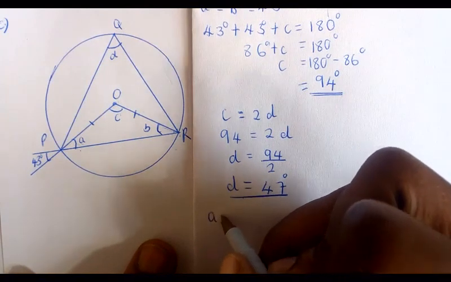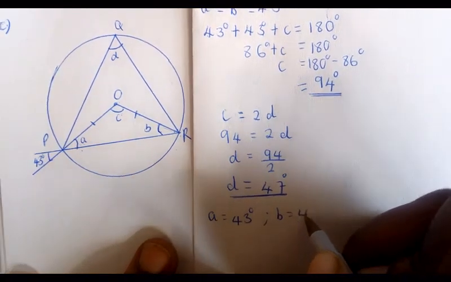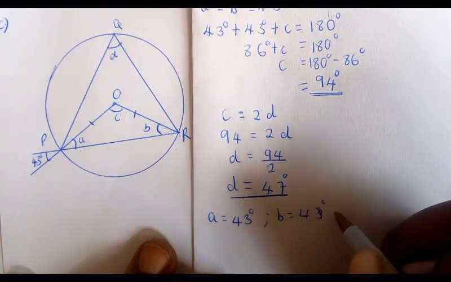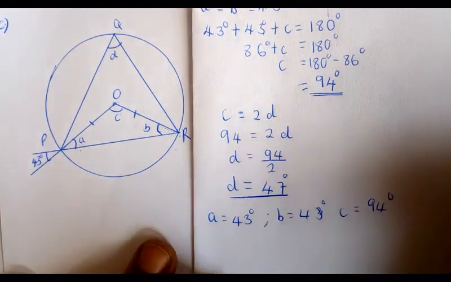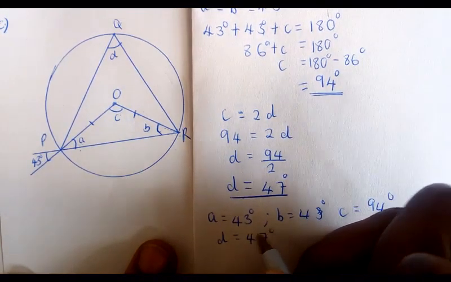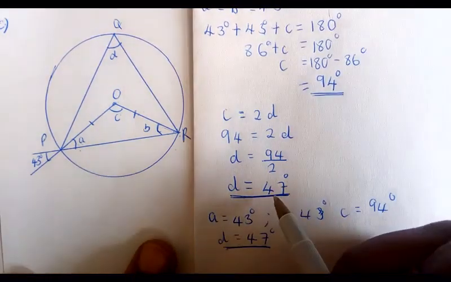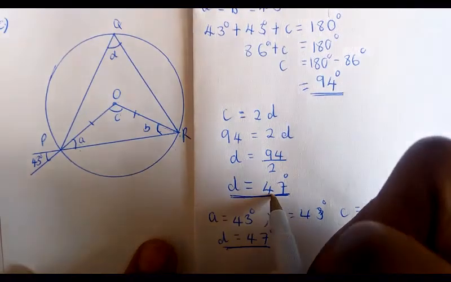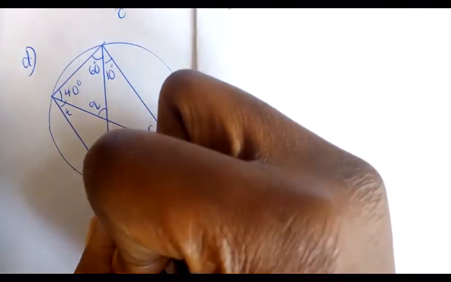So our solution is A is equal to 43 degrees, B is equal to 43 degrees, C is equal to 94 degrees, and D is equal to 47 degrees because of our theorem number 3.